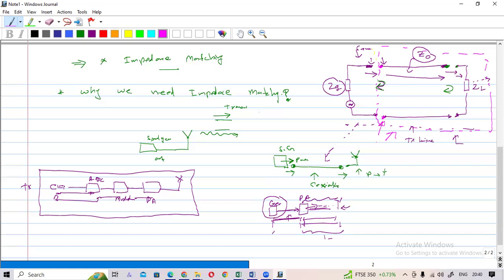So how can you calculate this input impedance? Tell me. We have already discussed these things. How can we calculate this input impedance?